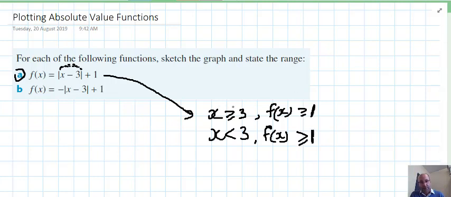Now, as x gets greater in the positive direction, f of x will keep getting greater, and as x gets lower and lower below 3, f of x will keep getting higher as well. So you'll have an interesting sort of shape.